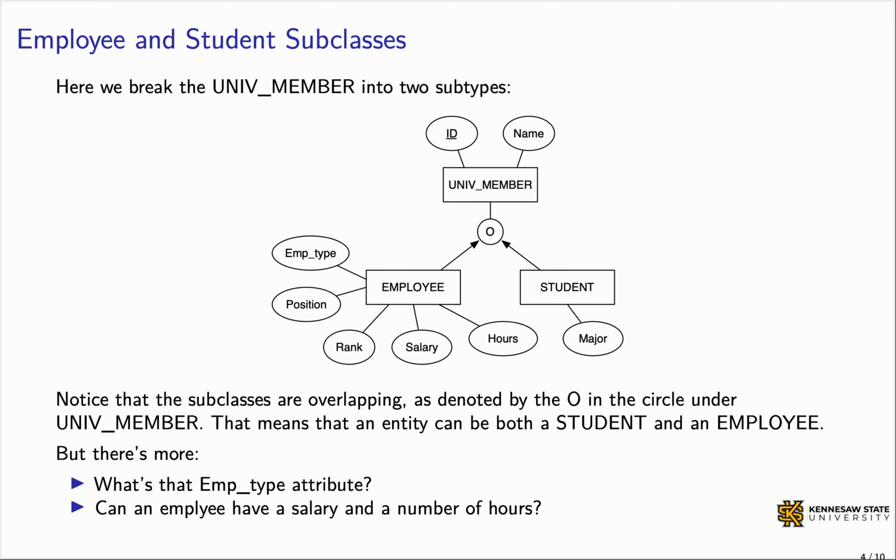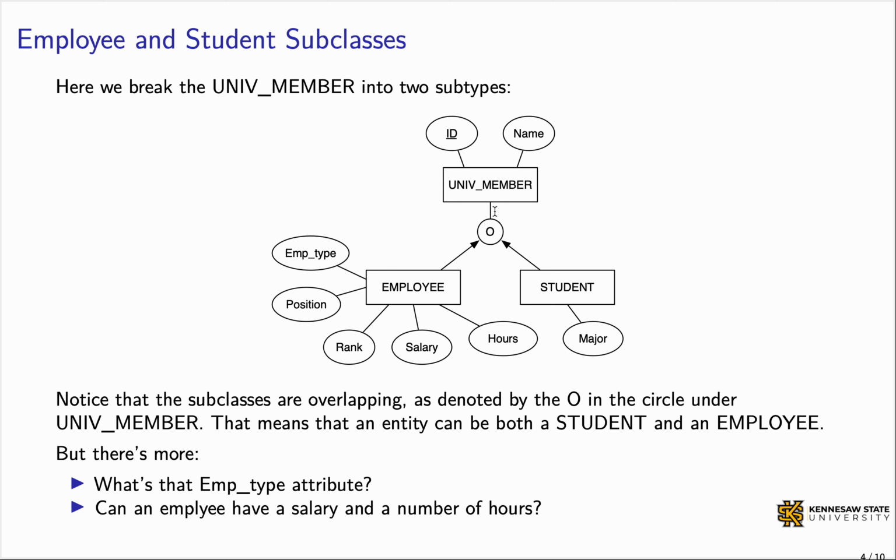So in this example, we will break university member into two subtypes: employee and student. And the way we've written this here, there is a single line coming from university down to a circle with an O in it. So the O means overlapping.